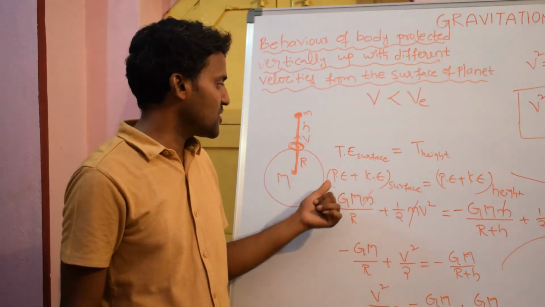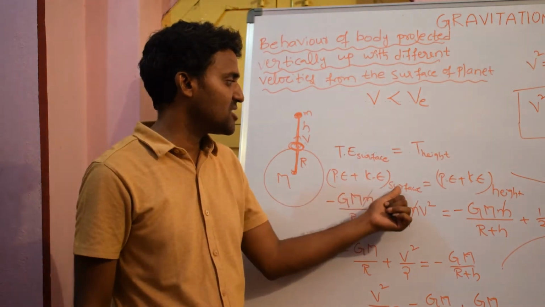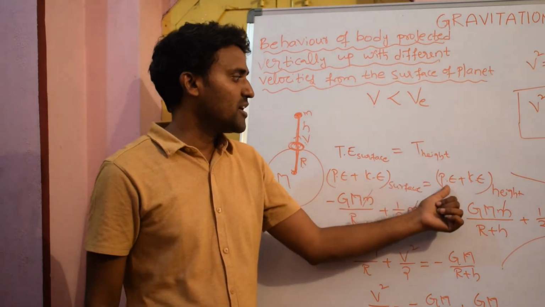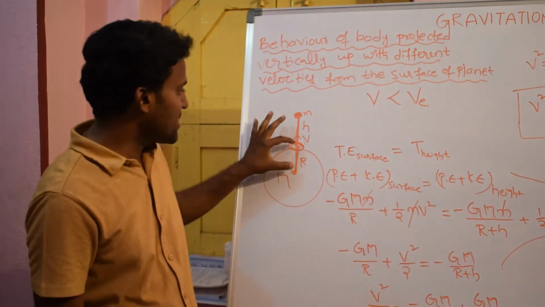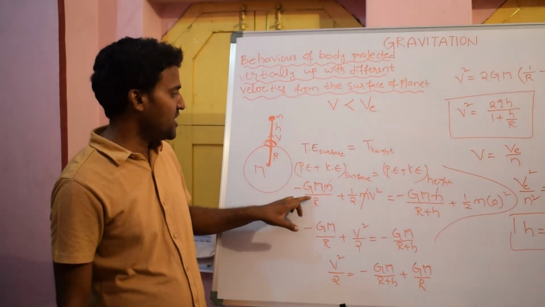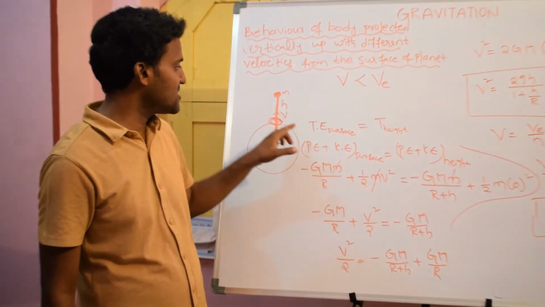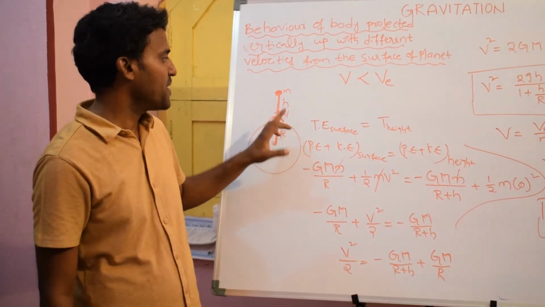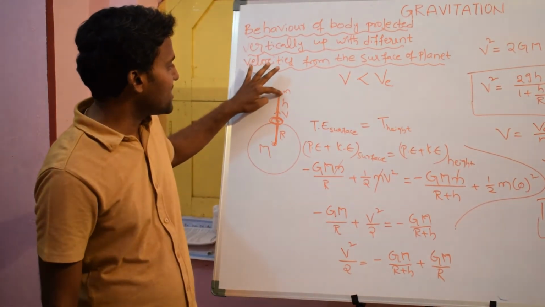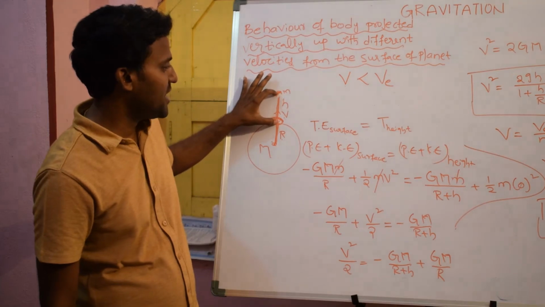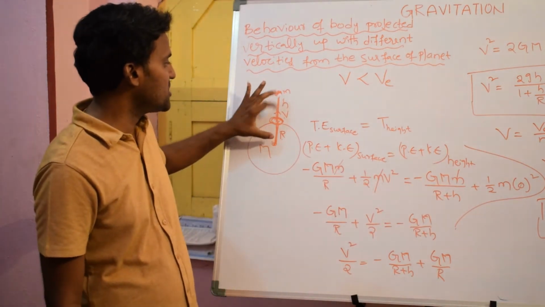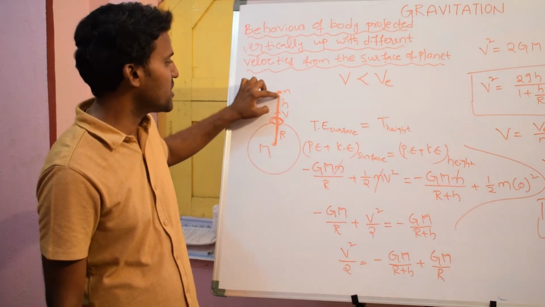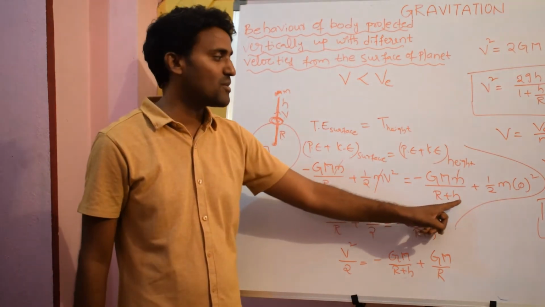Total energy on the surface is potential energy plus kinetic energy, with velocity v. At maximum height h, the potential energy is minus GMm by r plus h, because the total distance is r plus h.